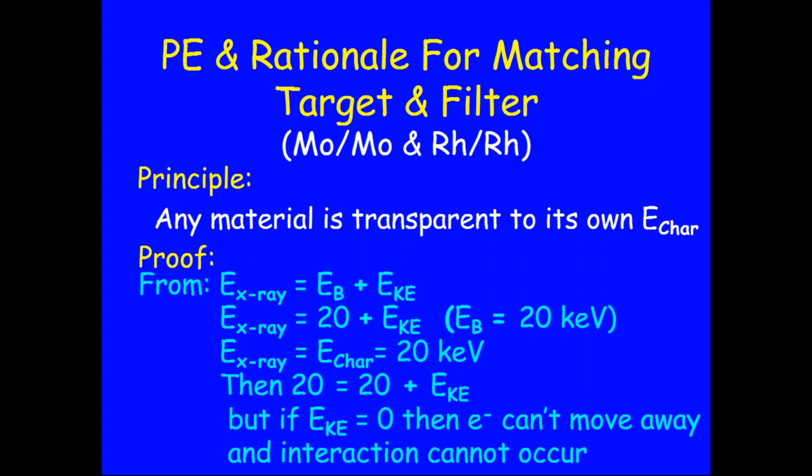We had just chosen molybdenum, for instance, as a target material. And molybdenum choice was based on the fact that it had characteristic radiation. When the electrons interacted with the molybdenum at the target, it produced characteristic radiation, which was approximately 20 keV. But it also produced a whole range of other energies.